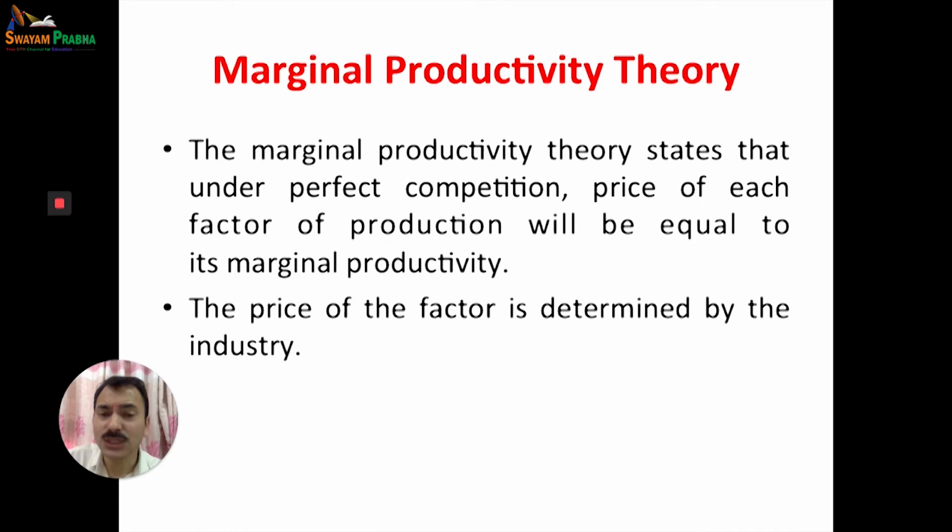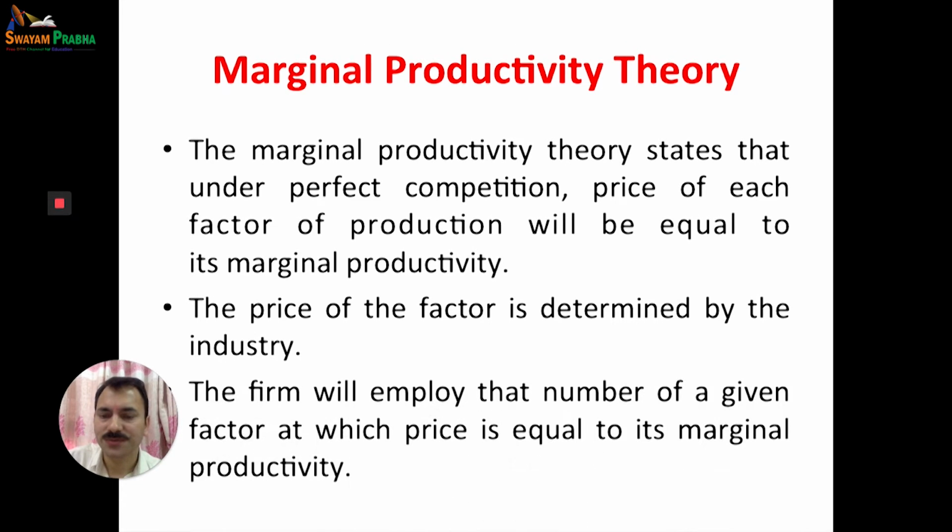The price of the factor is determined by the industry. The firm will employ that number of units of a given factor at which the price is equal to the marginal productivity. In perfect competition, we have already studied that prices are determined by the industry.